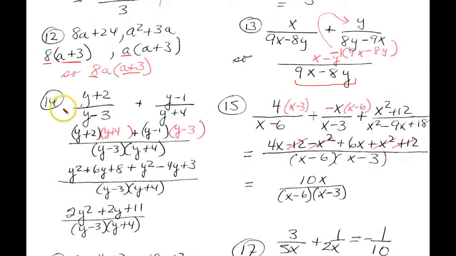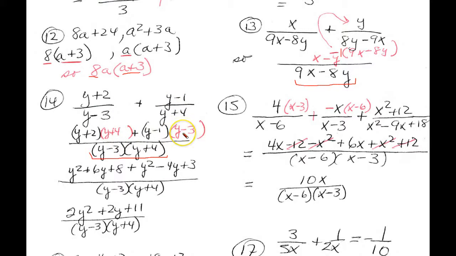Okay, here's the typical rational expressions where the denominators are different. So first step, pick out the lowest common denominator, which is actually the combination of both of them. Then multiply each of these so they have this denominator down here. Well, this one is missing the y plus 4. This side is missing the y minus 3.